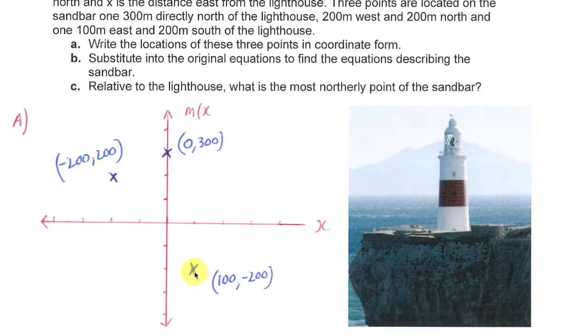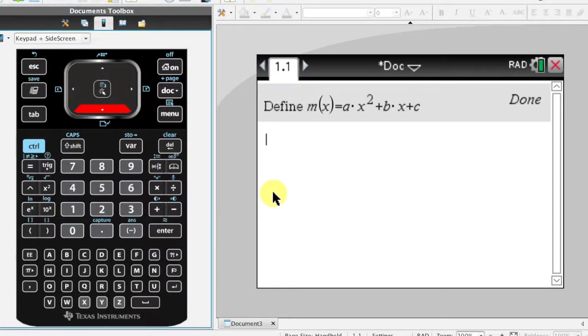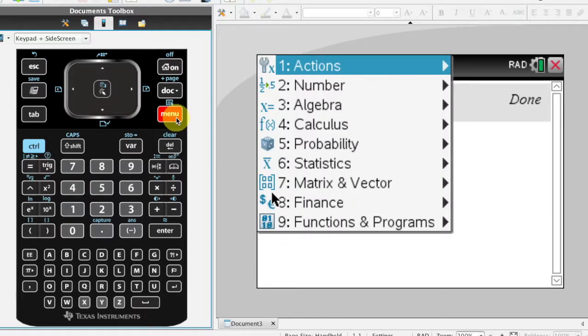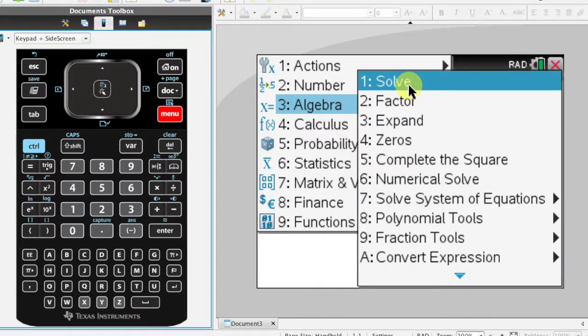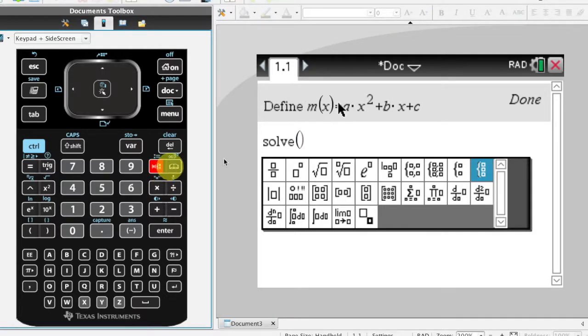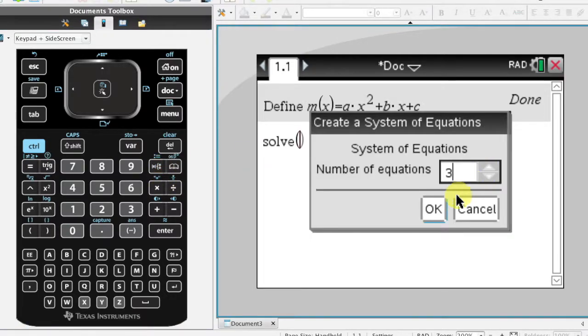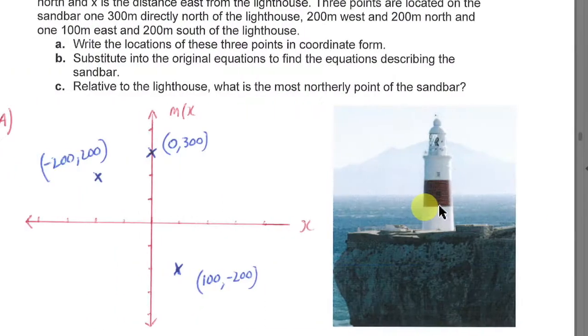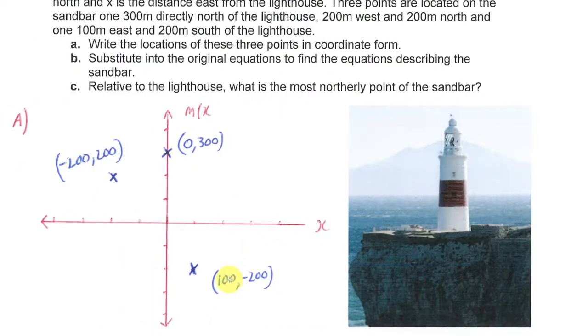I'm now going to put in 3 equations based on these points to solve for a, b, and c. So menu, algebra, solve, and I've got 3 equations. First equation, I'm going to put m of 100 equals -200.